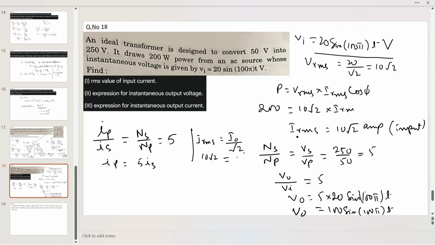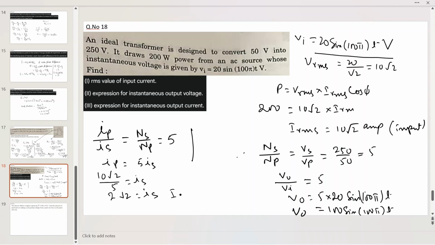Your Ip, the primary, this is your input current, is how much? It is 10 root 2. So 10 root 2 by 5 is equal to Is. So this will be equal to 2 root 2. This is your output current. We have to find out the output current.